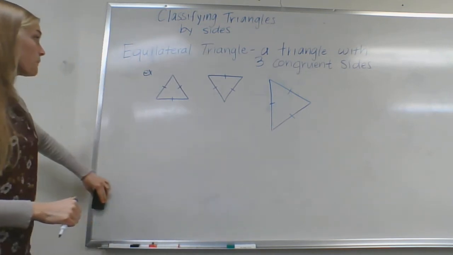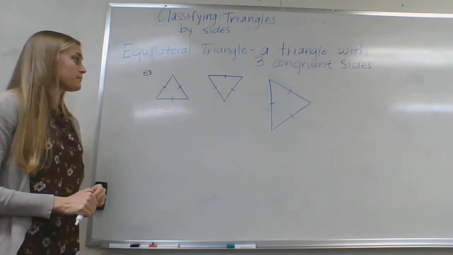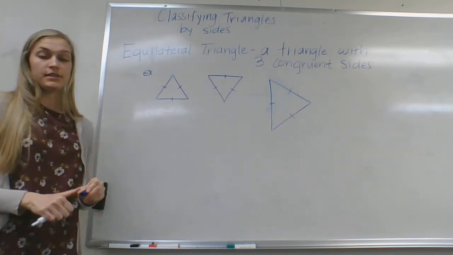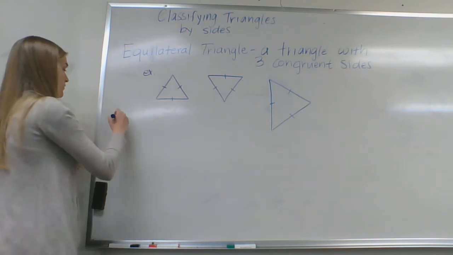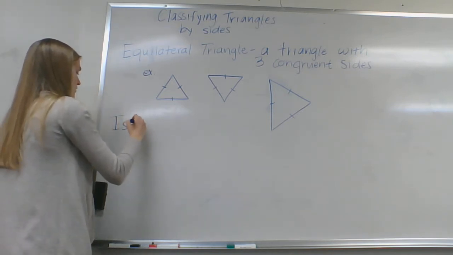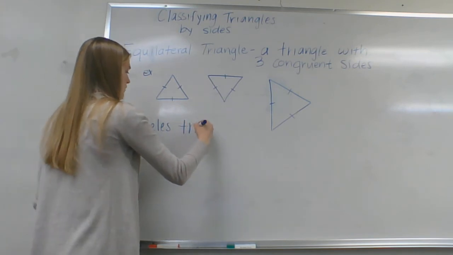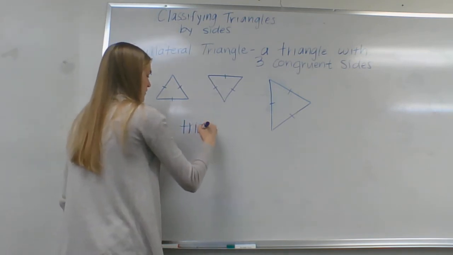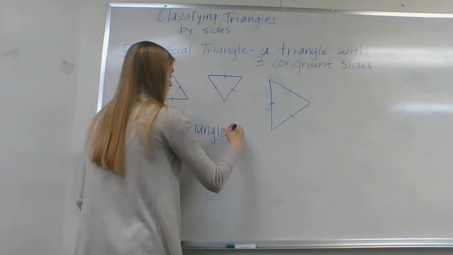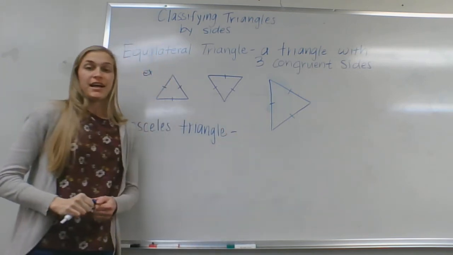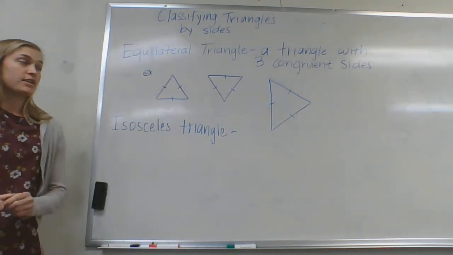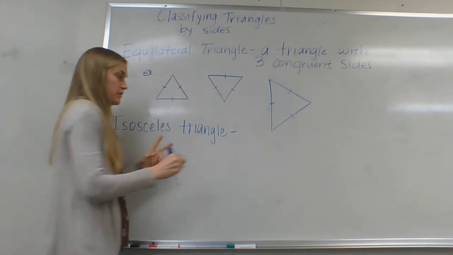All right. The next one is an isosceles triangle. An isosceles triangle is a triangle with two congruent sides.